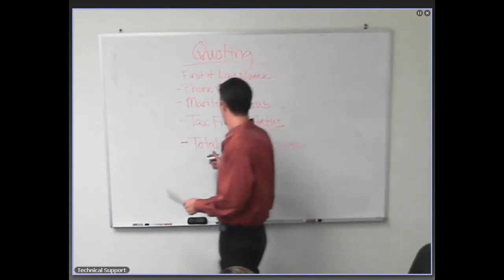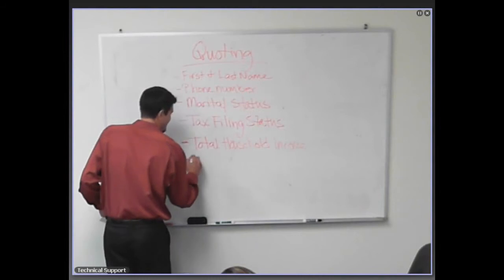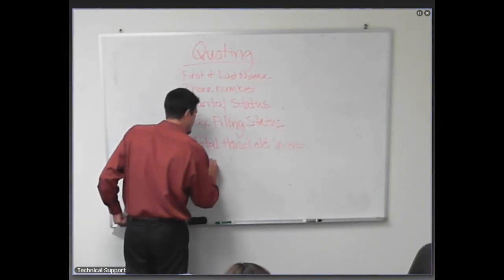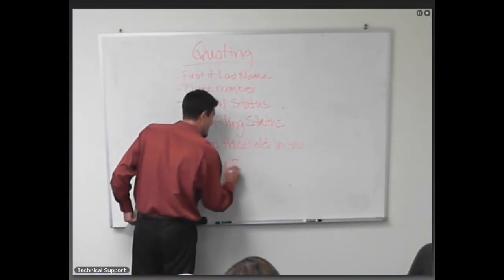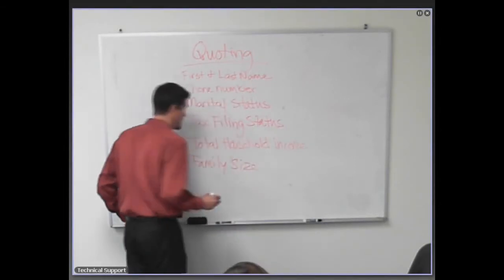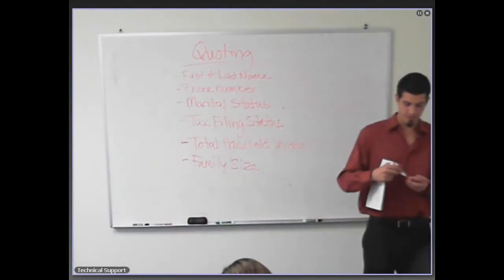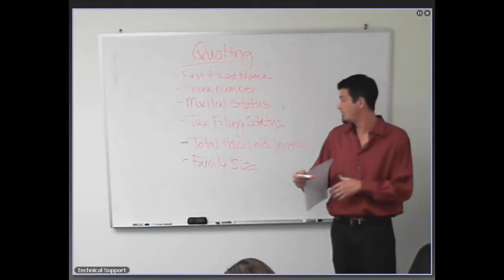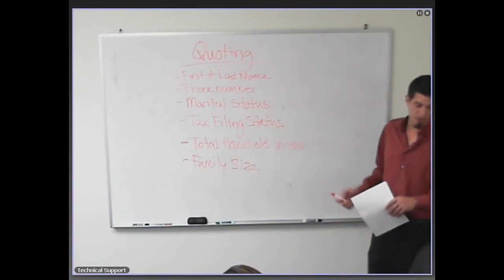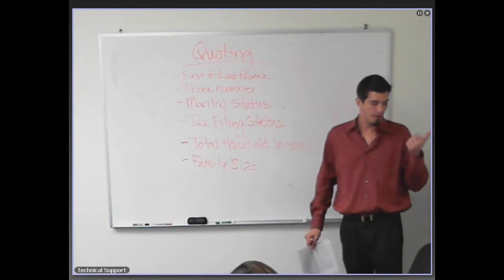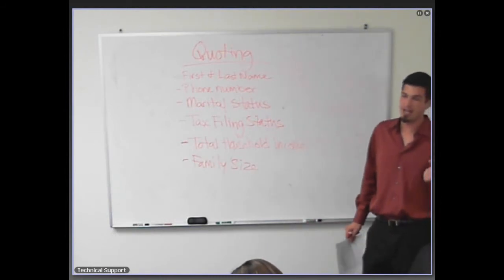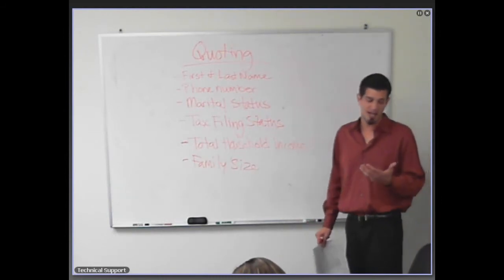We also need to know the family size. Again, this brings me back to, is the borrower married or not? If they're married and file a joint tax return, then we look at the borrower, the spouse, and whether or not they claim any children or dependents on that tax return.